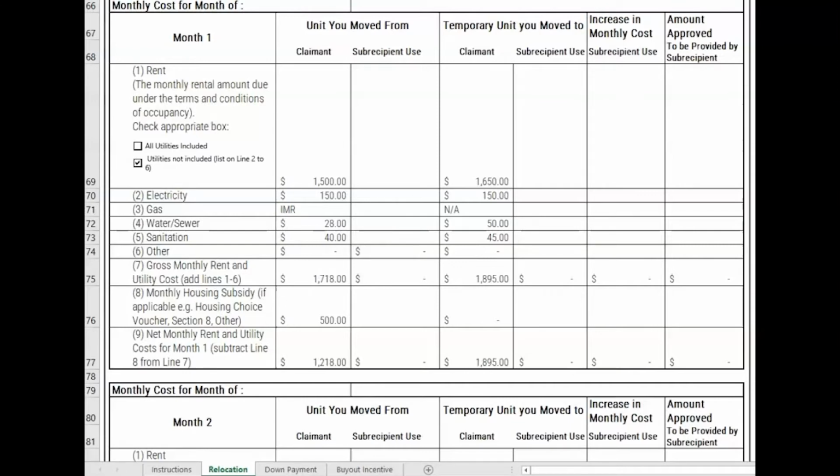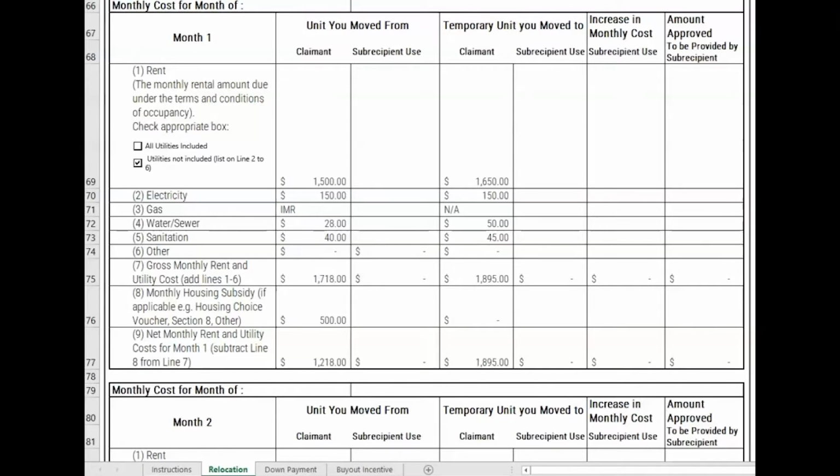Then the applicant should mark the checkbox indicating whether or not utilities are included in the monthly rental amount for both the unit they moved from and the temporary unit they moved to. If all utilities are not included in both units, rows 2 through 7 must be completed.